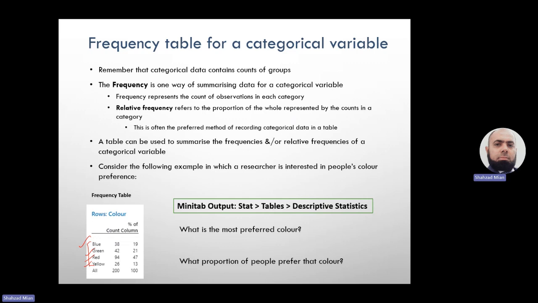Now let's see the relative frequency of blue. Remember that relative frequency is always expressed as a percentage out of 100. So 38 divided by 200 times 100 gives you the percentage, showing how often this value occurs relatively. If we see this example, what is the most preferred color? We can say that red, at 47%, is the highest option in this case.